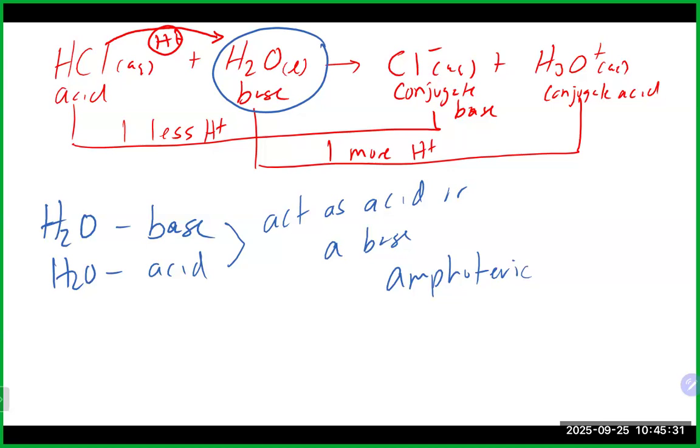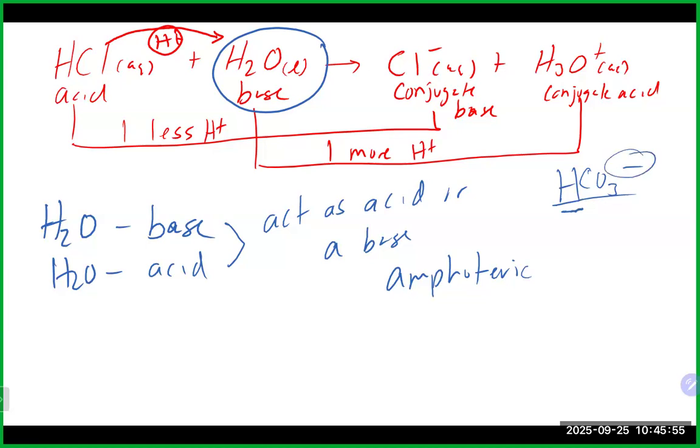Typically, things like water, things that have a hydrogen and a negative charge, a lot of times can act as either an acid or a base. Things that, like I said, have a hydrogen and a negative overall charge with some other stuff there can act as an acid or a base, like HCO3 minus. It has the H to give.